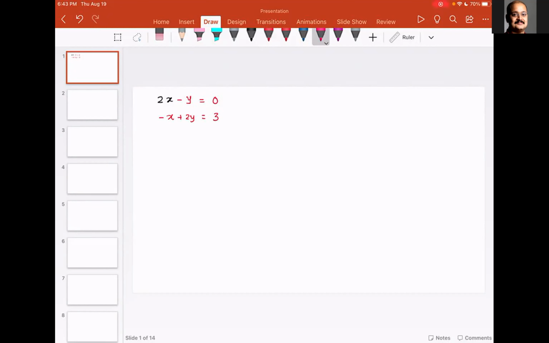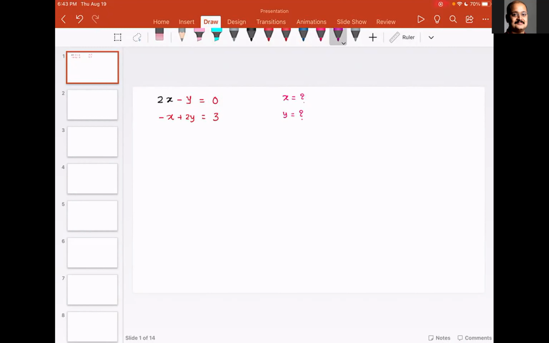The fundamental idea behind linear algebra is to get the solution: what is the cost of an apple or of an orange? In other words, solve this linear system of equations.